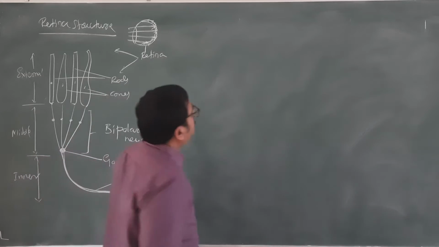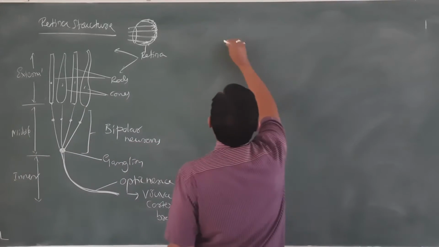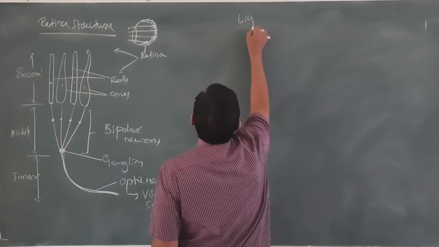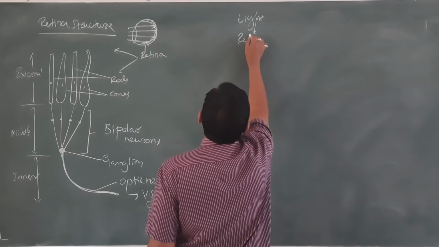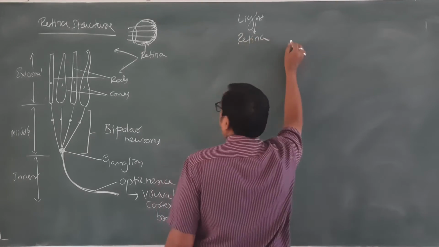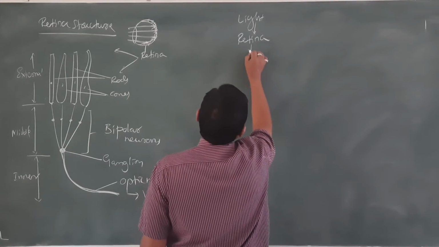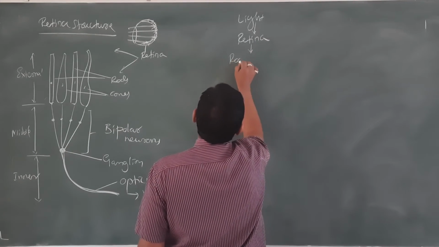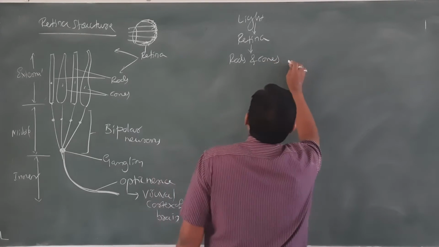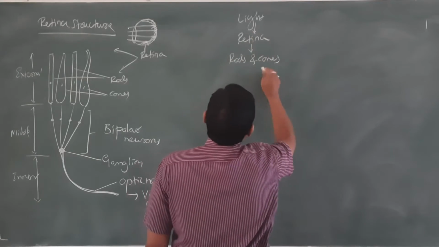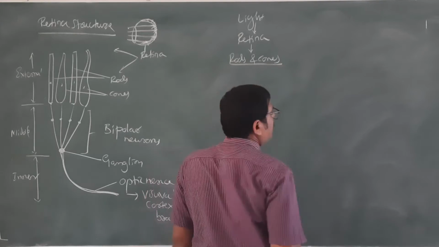When the light is falling on the retina, it is reaching the retina. The retina has rods and cones.